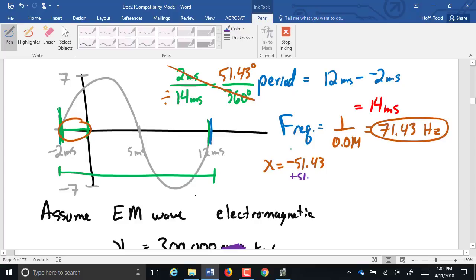We would have to add 51.43. x plus 51.43 equals 0. So it would be a positive 51.43 degrees. It is a positive phase shift. When the wave starts on the negative side, it starts before 0, that is a positive phase shift. If the wave started after 0, that would be a negative phase shift.